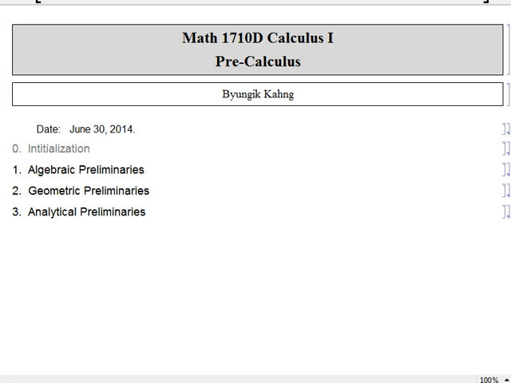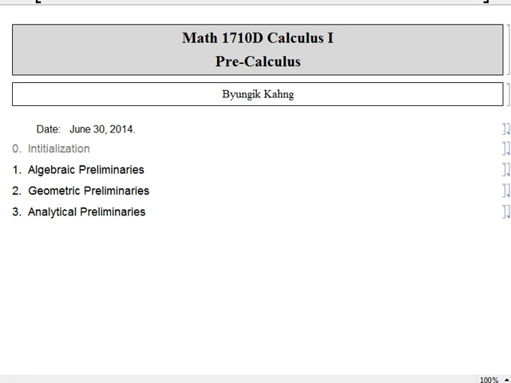I divided this lesson into 3 sections. Section 1, Algebraic Preliminaries; Section 2, Geometric Preliminaries; and Section 3, Analytical Preliminaries. Section 3 is the real one. It roughly corresponds to chapter 1 of our textbook.